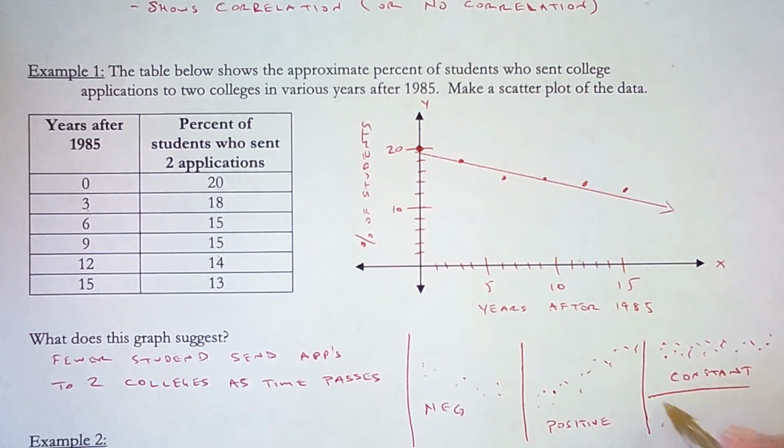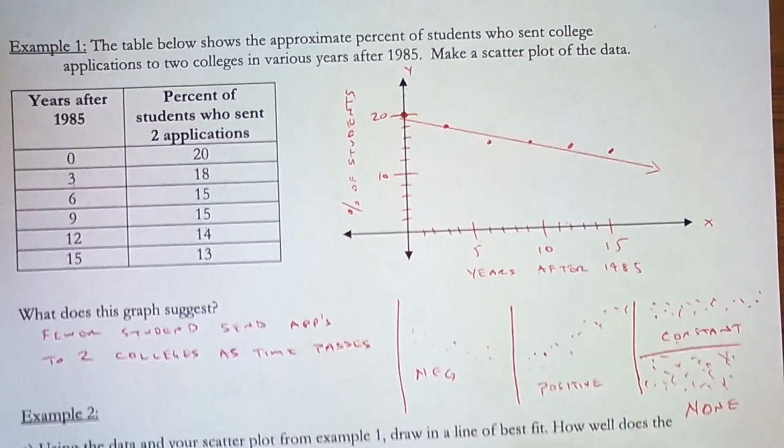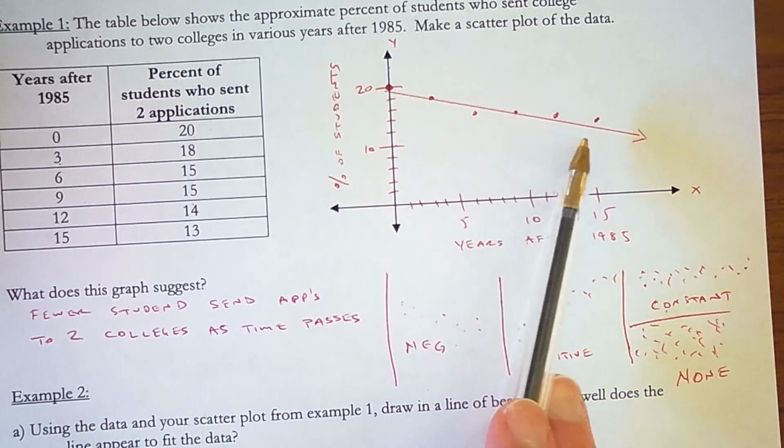Or you could just have data that's all over the place, and that would say there's no correlation, so none. So you can have positive correlation or negative correlation. You could have constant correlation, or you could have none.